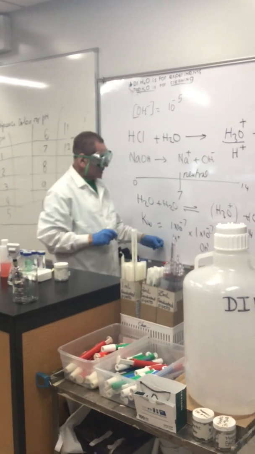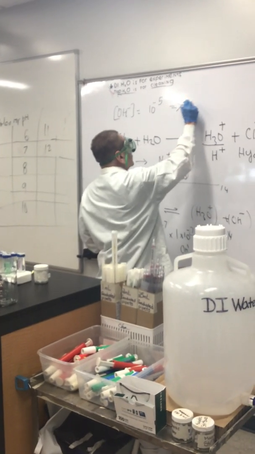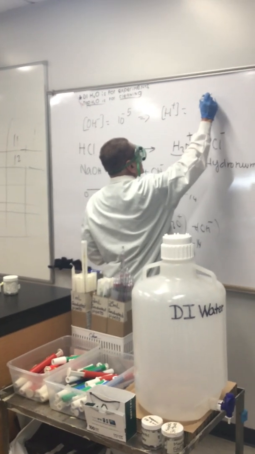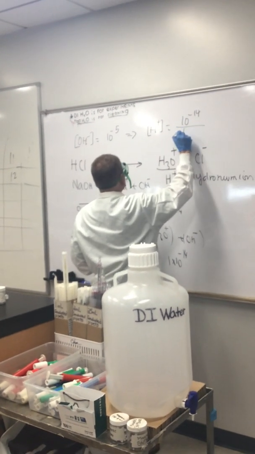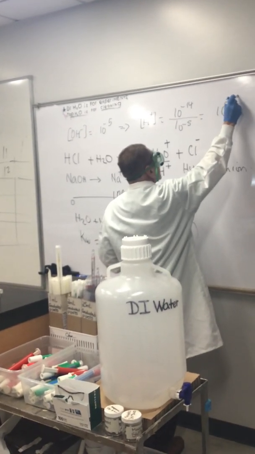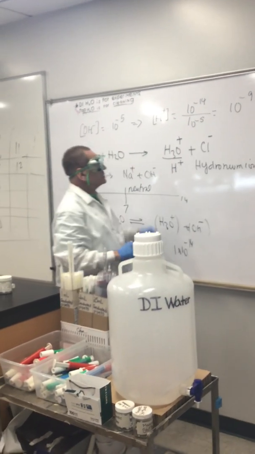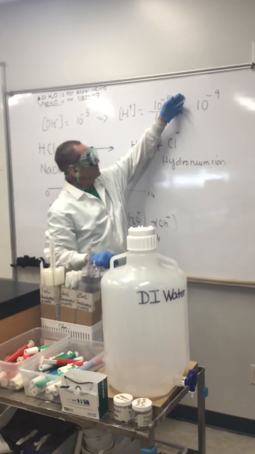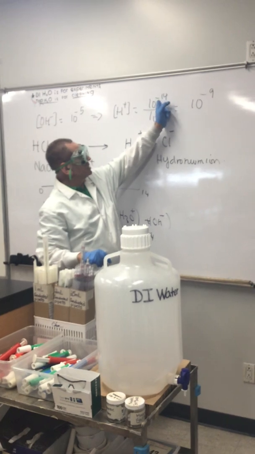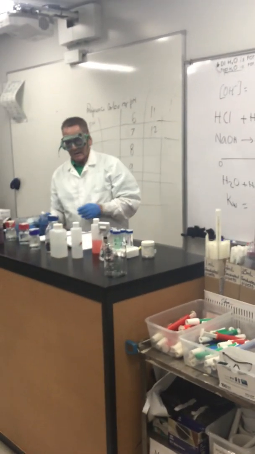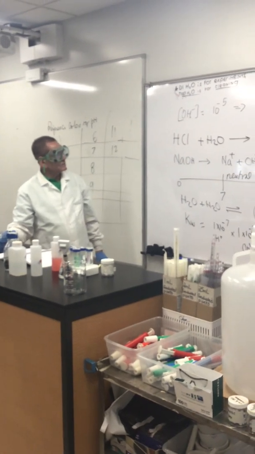So we use Kw, therefore H+ is equal to 10 to the minus 14 divided by 10 to the minus 5, which is equal to 10 to the minus 9. You just change the 10 to the minus 5 to the numerator, plus 5 minus 14 gives you minus 9. That's how you calculate the concentration.